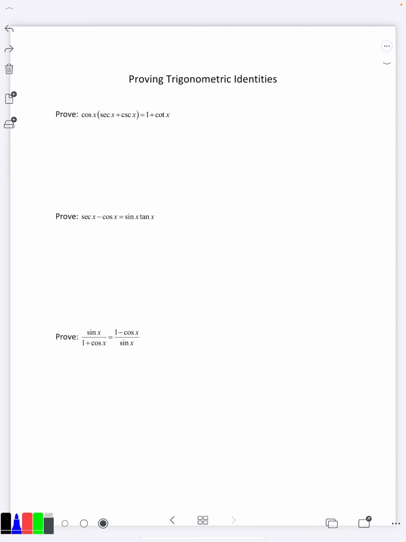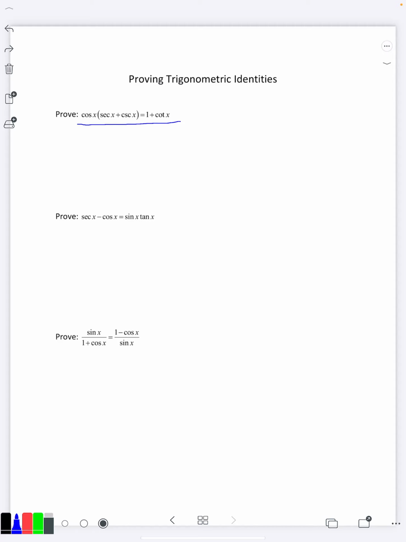Looking at this first problem, it is very unlikely that you're ever going to need to know that cosine of an angle times the quantity secant of the angle plus cosecant of the angle is the same thing as 1 plus cotangent. You're never going to quote that law in any future problems. It's not something that really matters.